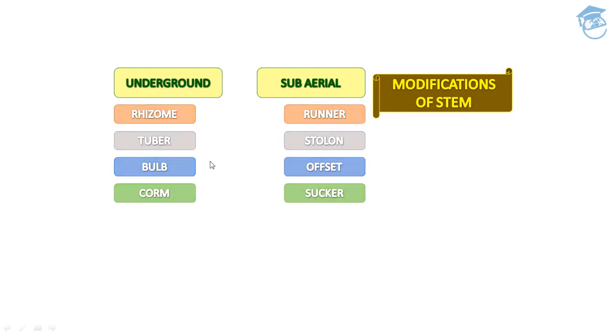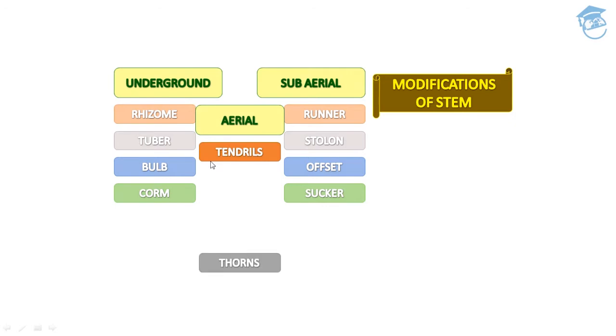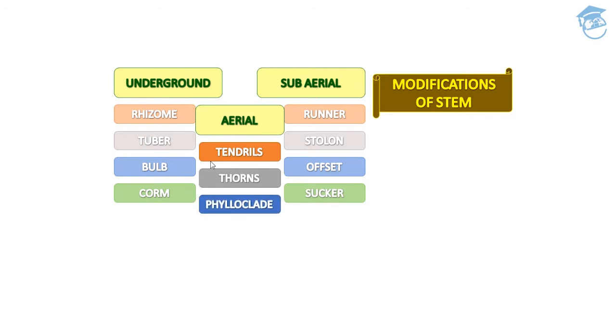And aerial modification is tendrils, thorns, phylloclade, and cladode. So these are the modifications of a stem: underground, aerial, and subaerial. And bulbil. Bulbil is also an aerial modification of a stem. I'll explain all these modifications in detail here.